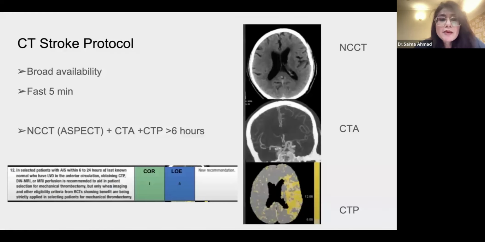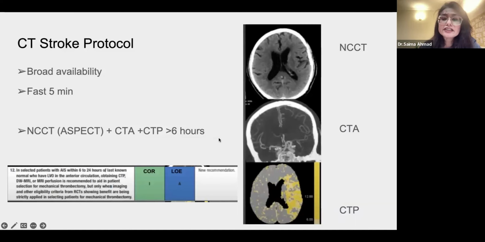When we shift from the MRI towards the CT, it is widely available. CT can be done very, very fast. And on the CT, we can identify the ischemic core by using the ASPECTS score. In the next slide, we will be talking about the ASPECTS score.